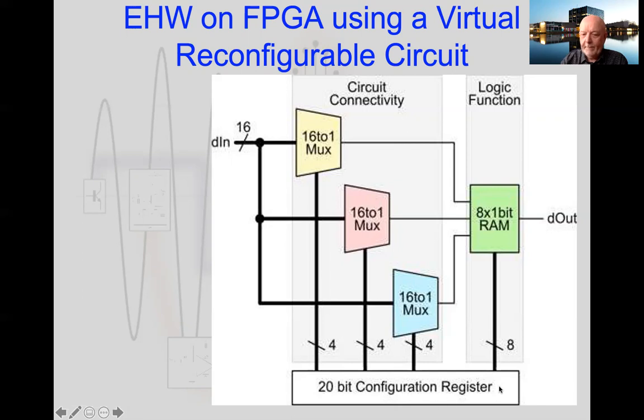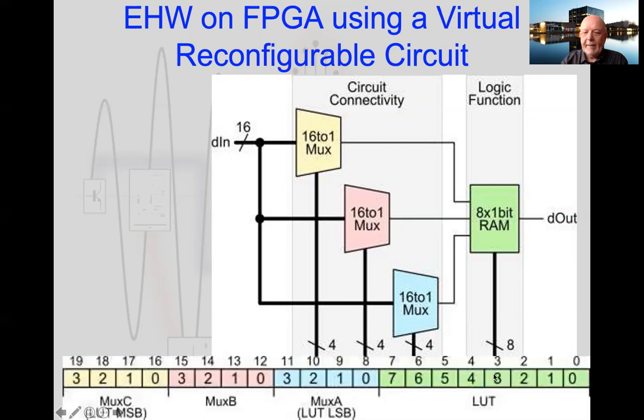So that's what the evolvable system would look at. So we've got 8 bits for the RAM, for the function, and then 4 bits for each of the multiplexers to allow us to reconfigure the system.